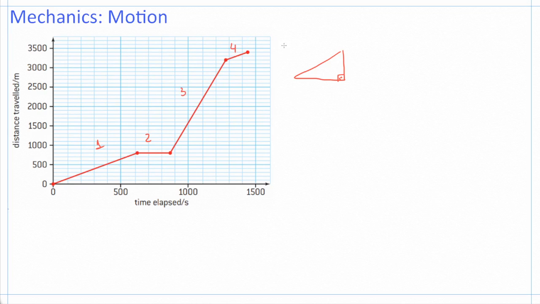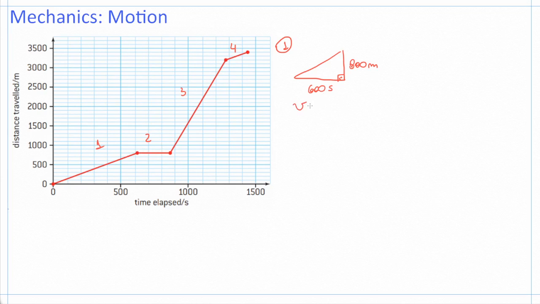In the first one, our height is approximately 800 and the unit is meters, and the elapsed time would be about 600 seconds. We could have a graph which is more accurate with more divisions, so we could get a more accurate result, but so far let's assume that it's about 600 seconds.